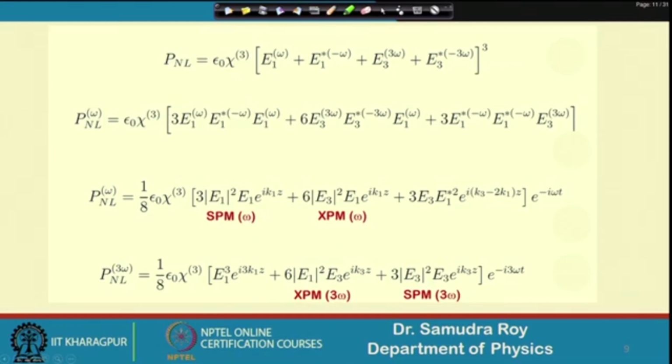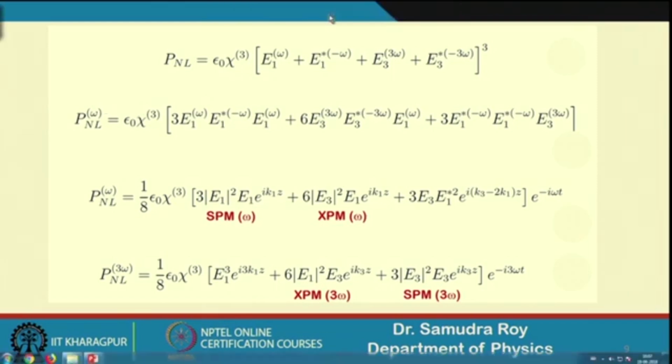So, as I mentioned, there will be different components, but our goal is to find out only a few components, and these are the omega components and the 3 omega components. So if I make the cube of this quantity, how can we get the omega components?